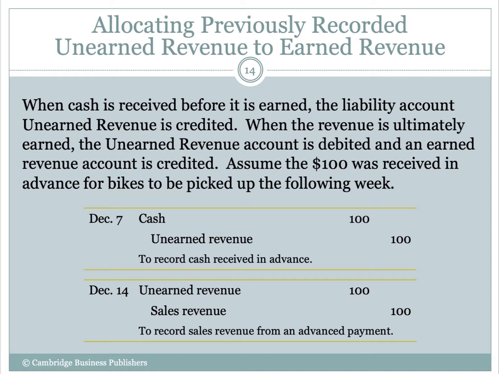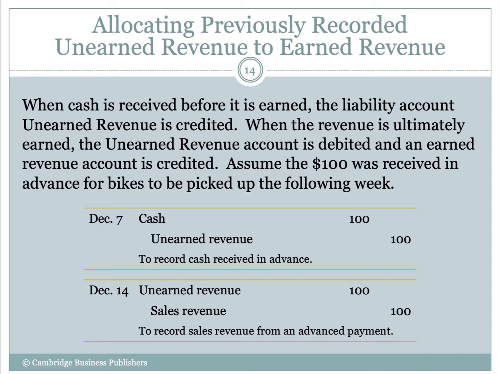However, we are eventually going to earn that revenue, right? When we do that, we need to decrease the liability and show that revenue has been earned, okay? So whenever you have an unearned revenue or deferred revenue adjusting entry, what are you always going to do? You're always going to debit a liability and you're always going to credit revenue, okay? Specifically, you're always going to debit unearned revenue.